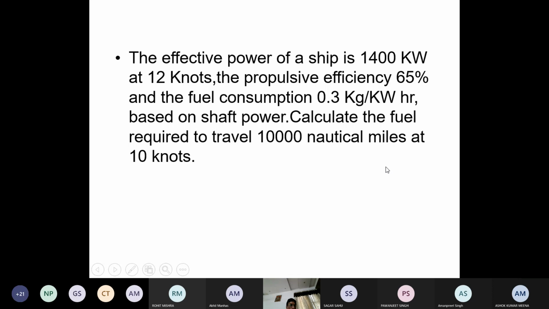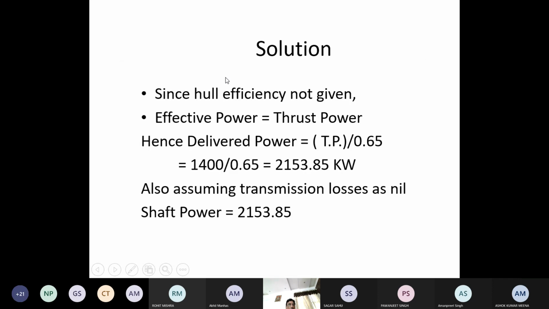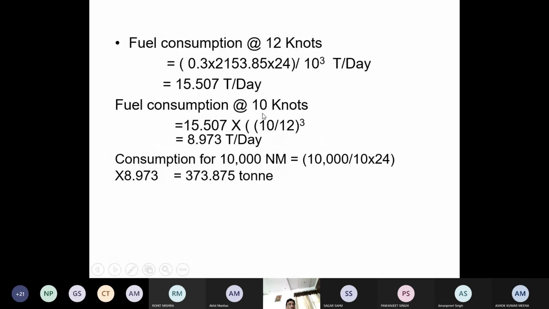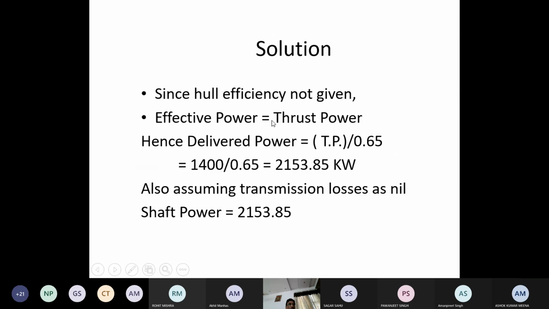Sir, daily consumption is 15.5. Daily consumption दिया हुआ है ना उसने 0.3 kg. No, sir. After calculating shaft power at 10 knots, 8.9. No, sir. At the previous 12 knots, 15.5. Okay. Yeah, initial was 15.5, yes.